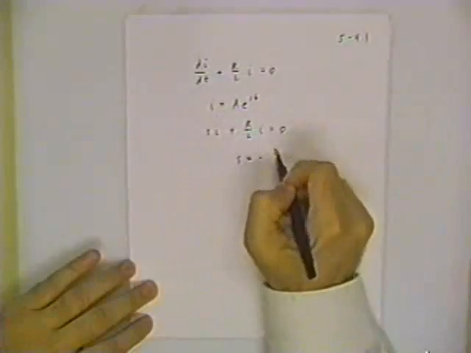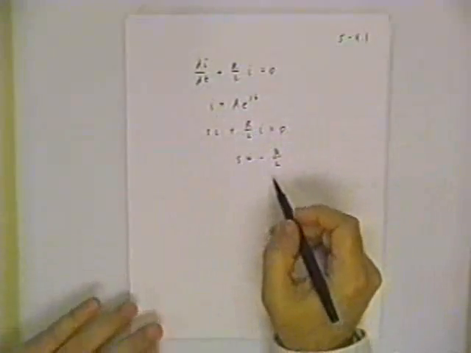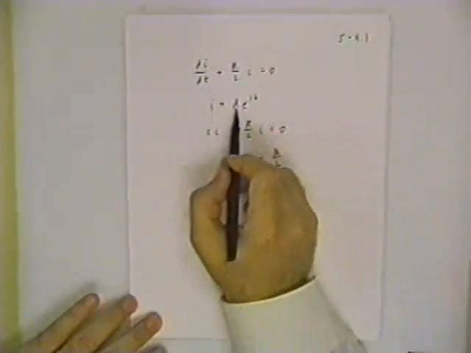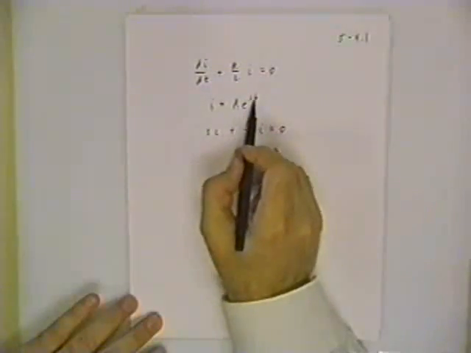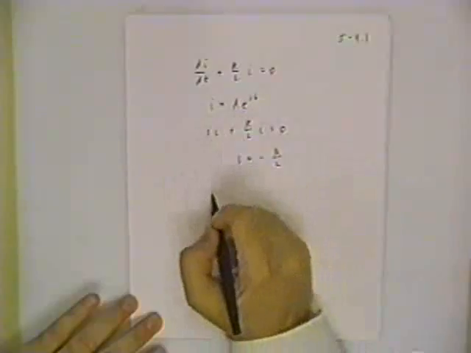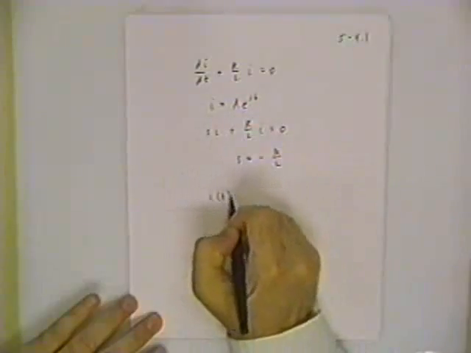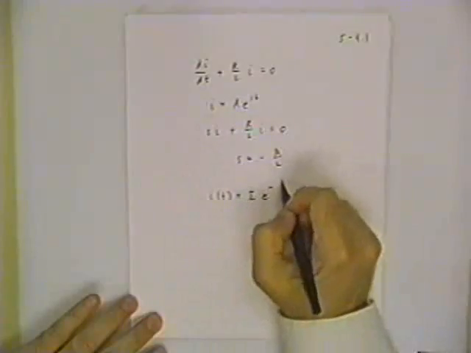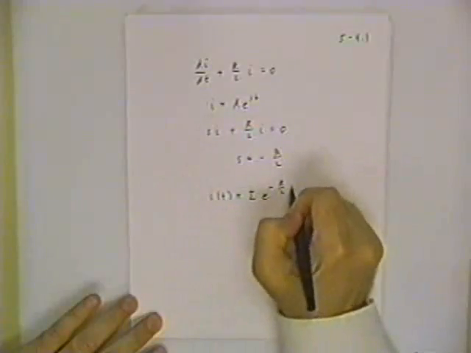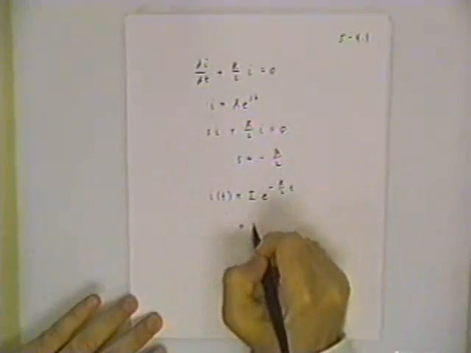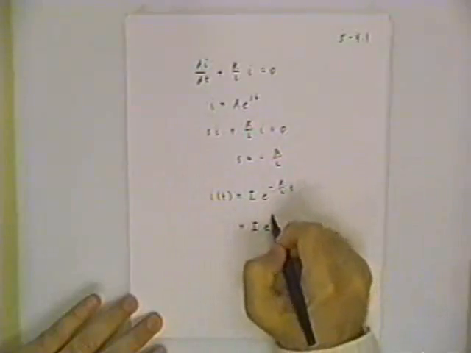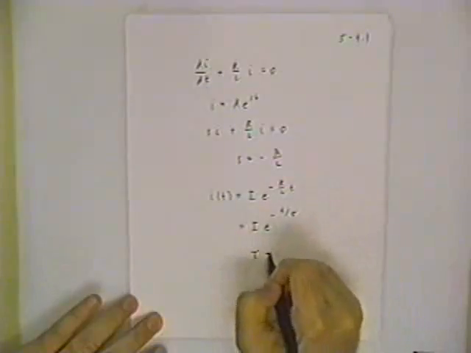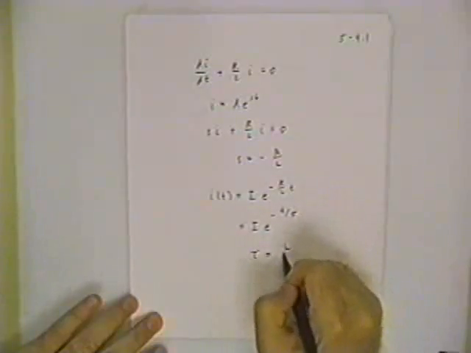The s turns out to be negative R over L. And the initial value of current we can read right off of the problem statement. At t equals 0, I is equal to I amps. So we can quickly come up with the final solution: capital I times e to the minus R over L t, and if you put that into the time constant form, e to the minus t over tau, where tau in this case has to be L over R.